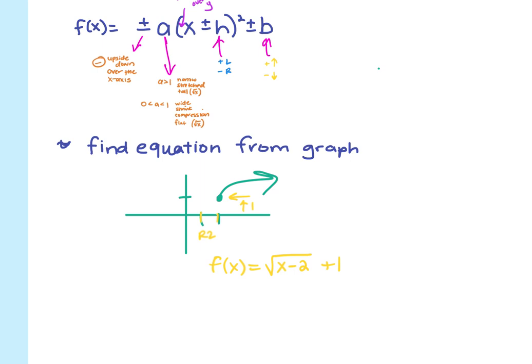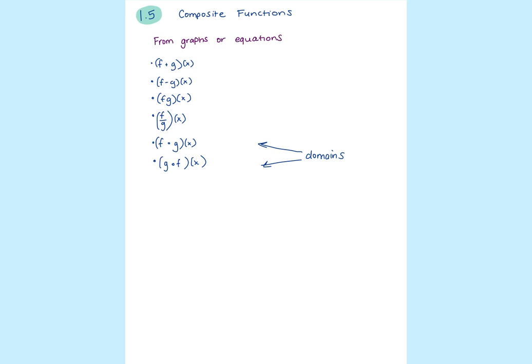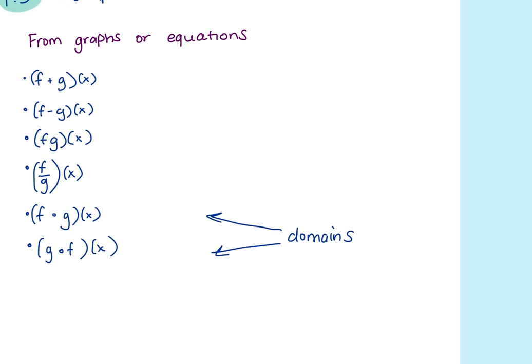Questions on those? That was 1-4. And then 1-5, which is what we just did on the warm-up, okay? You have to be prepared for all of that. F plus G, F minus G, F times G, F over G, F of G of X, and G of F of X. And then the domains of those. So remember on these, we carry down F or G's domain, and then check for new.